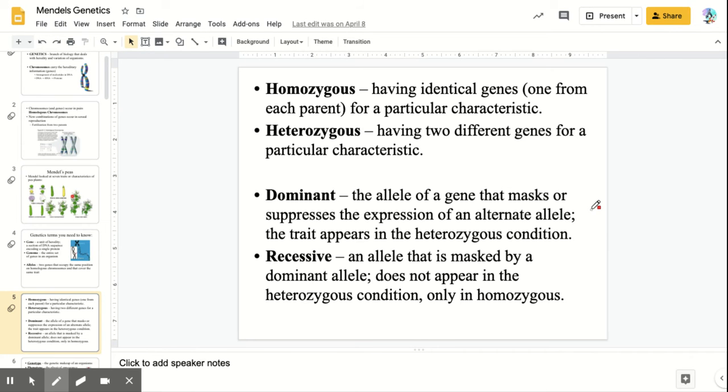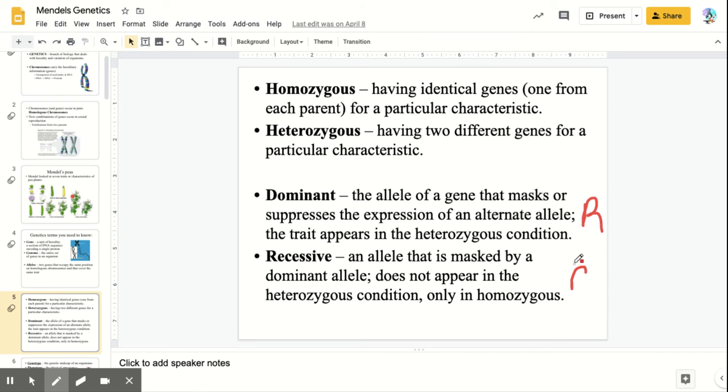So round is dominant over wrinkled. So round is dominant to wrinkled, right? So round is capital. So if I mate a round plant to a wrinkled plant, it's going to be capital. We're going to see the round pea plant over the wrinkled.